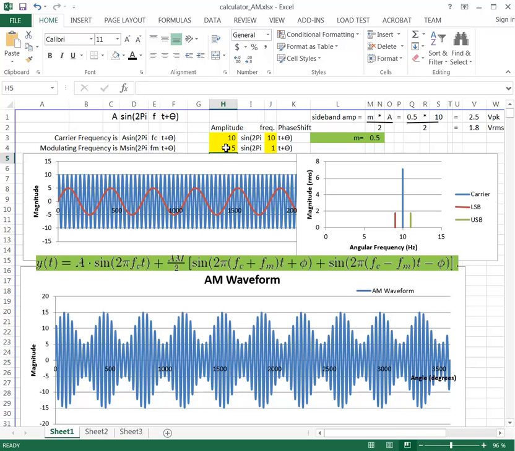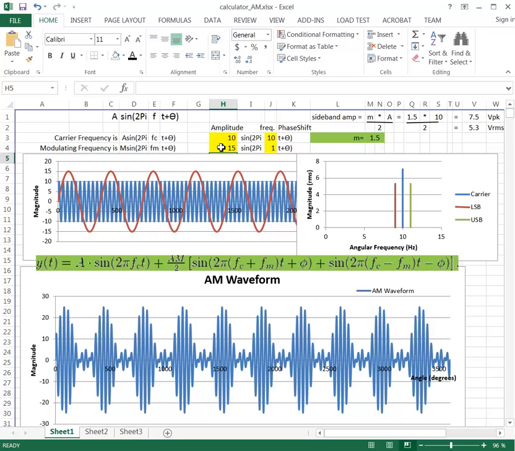What's interesting to note is that we can go into a state of overmodulation, where we make the magnitude of the modulating wave greater than the carrier. We can see that here, where our waveform would transition through the zero crossing.